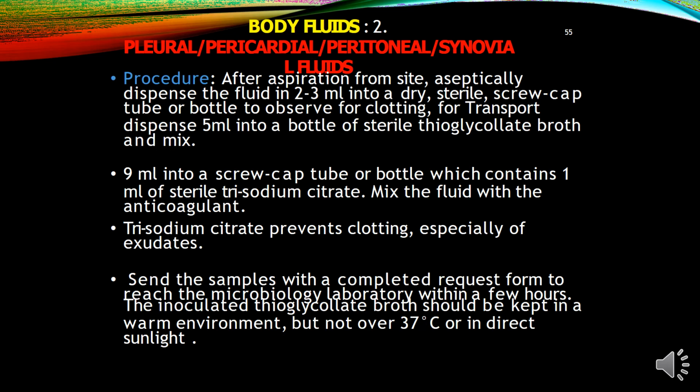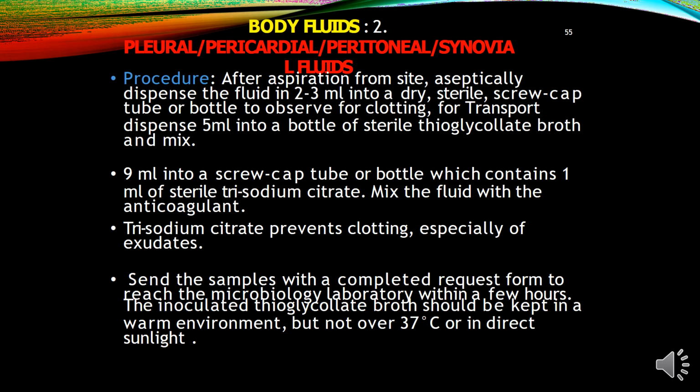So the procedure is, after aspiration of the site, aseptically dispense the fluid, 3 to 5 ml, into a dry screw cap container, and the bottle should be observed for clotting. For transportation, dispense 5 ml into a bottle of sterile thioglycollate broth, and mix 9 ml into a screw cap container or bottle containing 1 ml of trisodium citrate, which mixes the fluid with the anticoagulant.